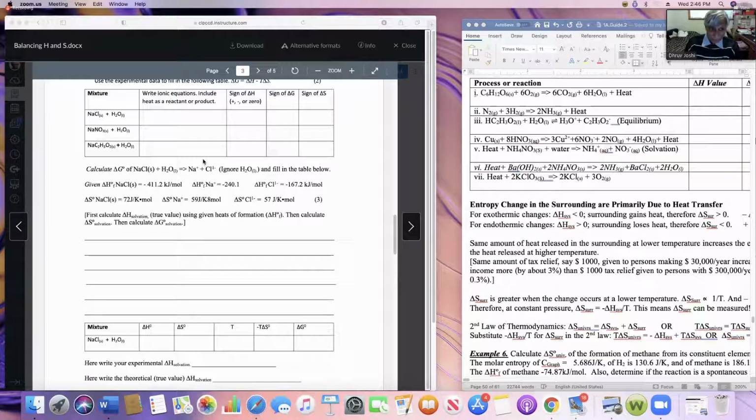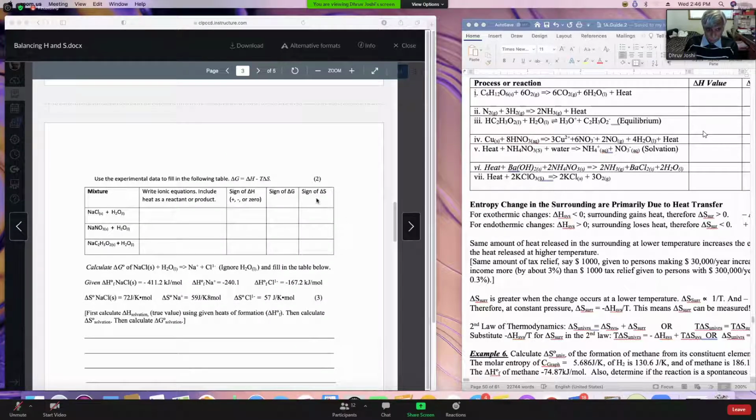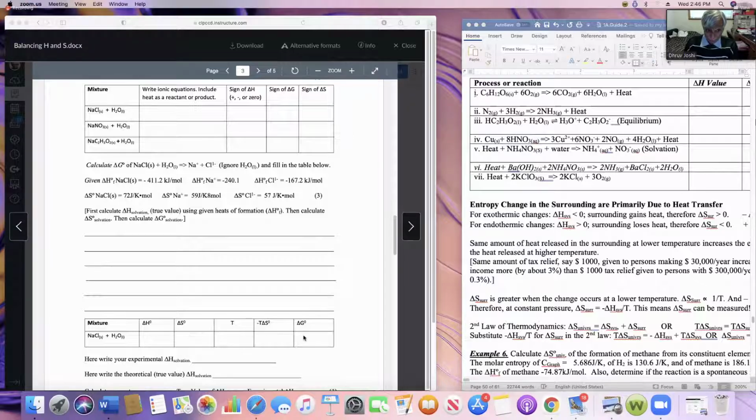And then the other part of the experiment is to write down, finish doing this and then fill up this table. So we are going to do a calculation together for this one thing.